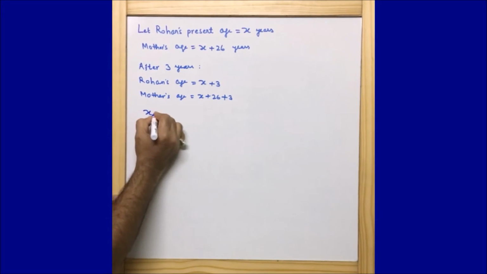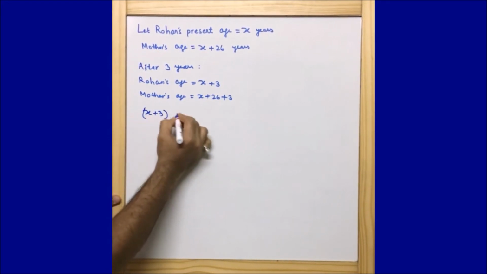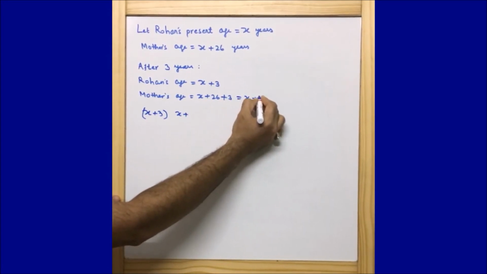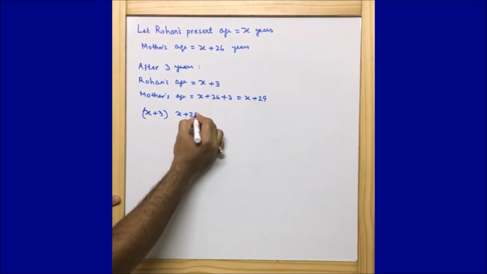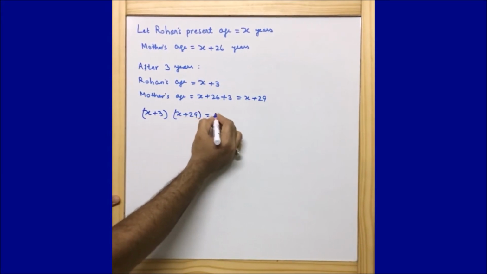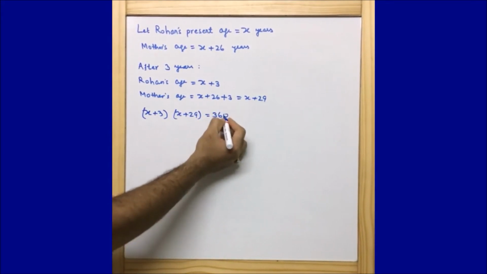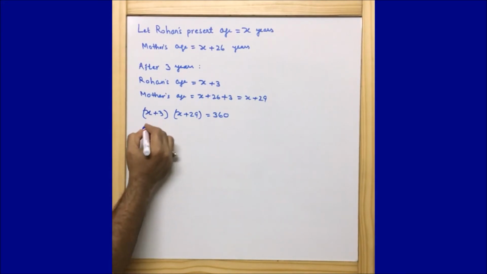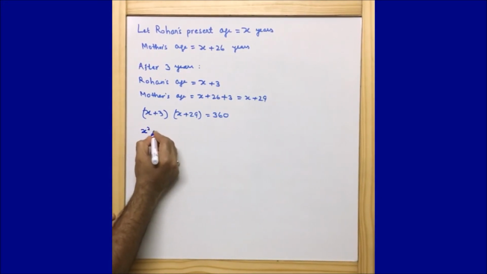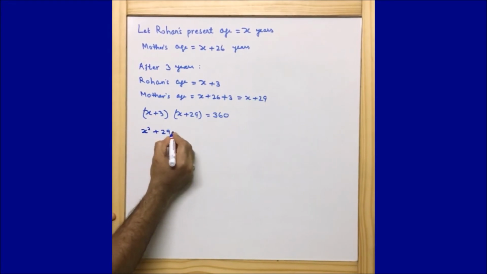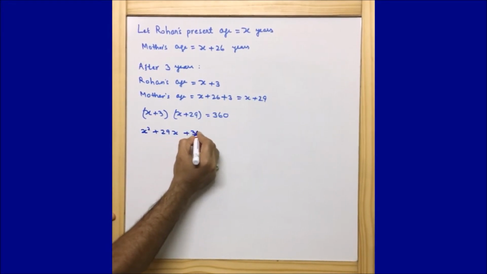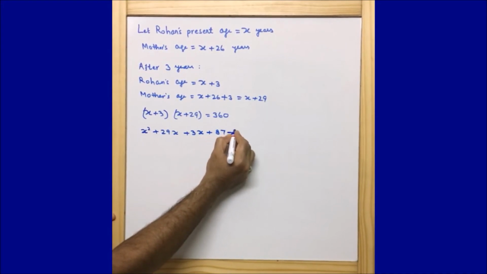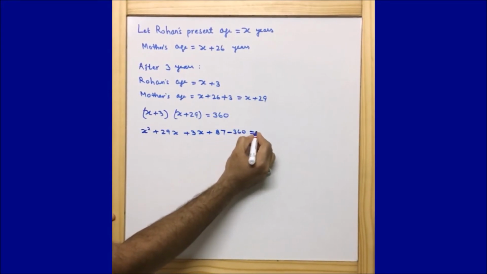So that means the product x plus 3 into x plus 29, so this one if we solve, we are getting x plus 29. So x plus 3 into x plus 29 is equal to 360. This is the equation that we are getting. Now let us solve this and we will get a quadratic equation. So I can write this one as x square plus 29x plus 3x plus 87 minus 360 is equal to 0.